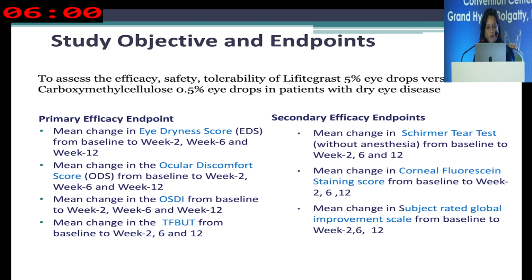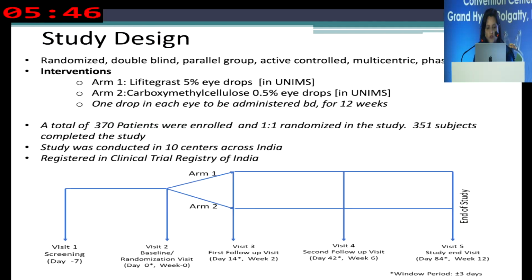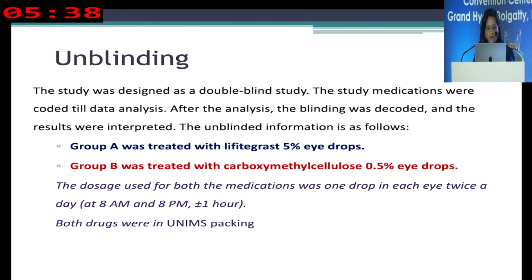The primary efficacy points were the eye dryness score, the ocular discomfort score, the OSDI change, and the breakup time of the tear film. And the secondary endpoints were the Schirmer tear test, the corneal fluorescein staining, and the subject rated global improvement scale. A total of 370 patients were recruited, and the study was conducted across 10 centers in India.